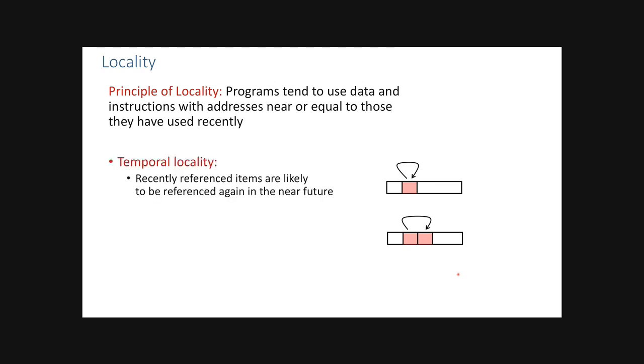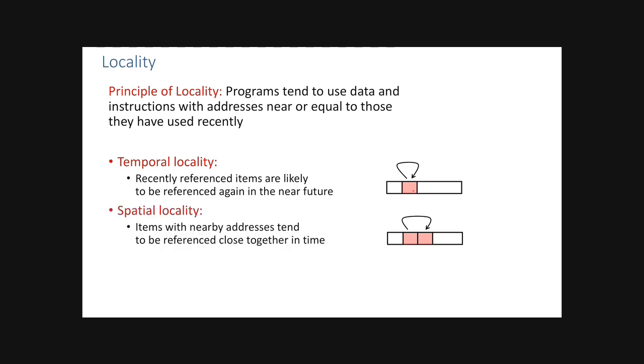And so one type of locality is temporal locality. Recently referenced items are likely to be referenced again in the near future. So part of our data is likely to be referenced from memory more than once. This is called temporal locality. So near each other in time, data is being accessed in memory.